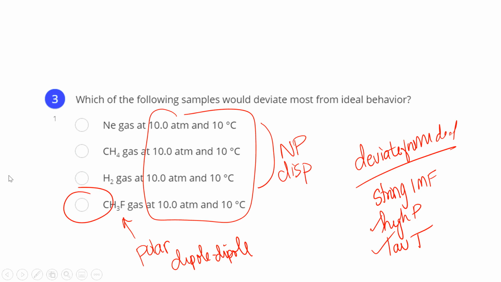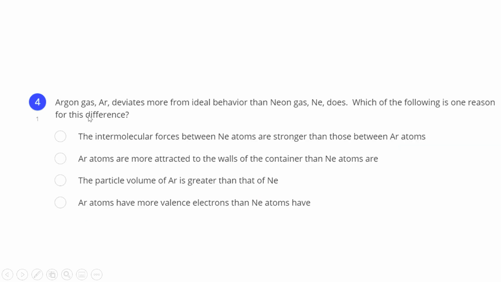It's also important to notice that it's one of the larger molecules as well, because we also want to consider the strength of the dispersion forces. Okay, so the argon gas deviates more from ideal behavior than neon gas. What's a reason for this difference? If you look at neon and argon, neon is above argon on the periodic table, so neon is going to have a smaller radius.